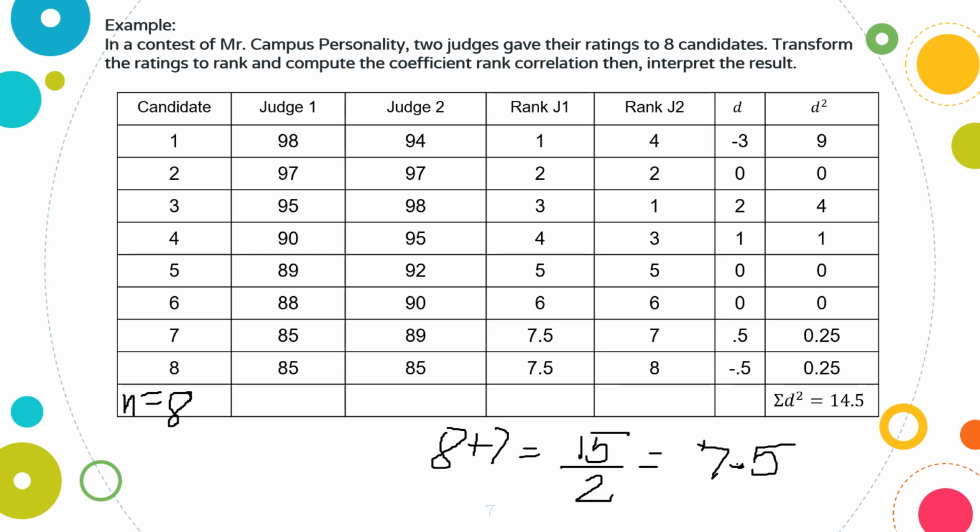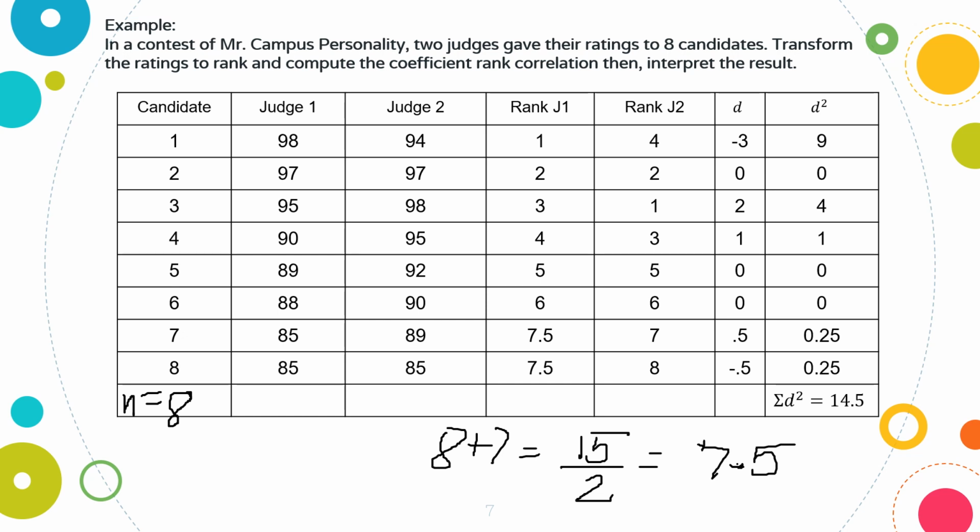Okay. For the ranking of Judge 2, first niya si candidate number 3, second niya si candidate number 2, third niya si candidate number 4, fourth niya si candidate number 1, fifth niya si candidate number 5, sixth niya si candidate number 6, seventh niya si candidate number 7, and 8 niya si candidate number 8.